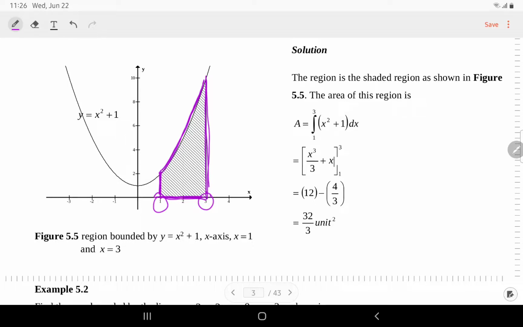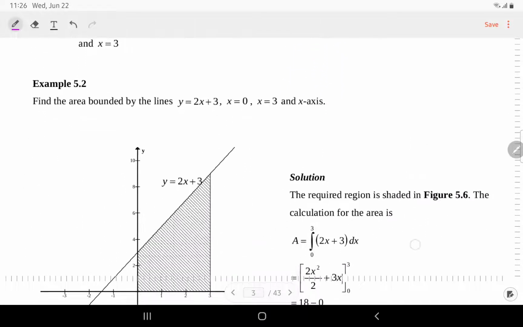Okay, meanwhile for figure 5.3 and 5.4, kita kena integrate dy. Okay, so kita integrate lah, x squared, integrate it, we will get x cubed divided by 3 plus 1 integrate jadi x. So kita masukkan limit dia 1 to 3, and then this is our answer, the last answer. Okay, kena letak unit square lah, sebab area.